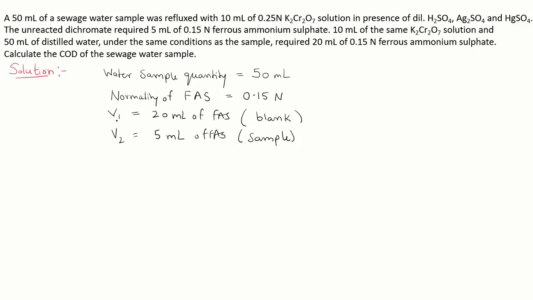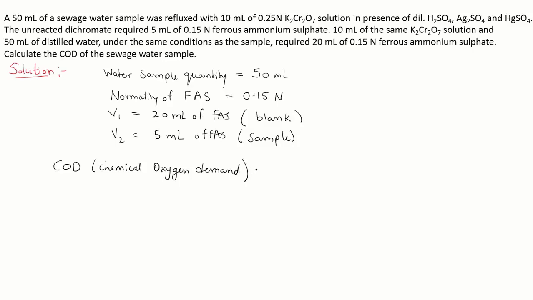V1, I told you, is the blank and V2 is your sample reading. Now we will put this in the formula of chemical oxygen demand, abbreviated as COD.